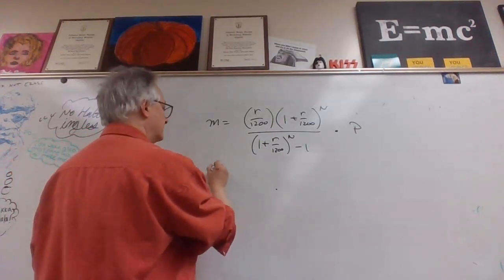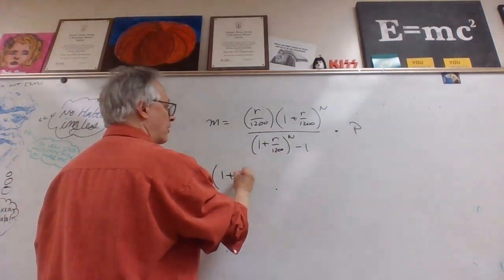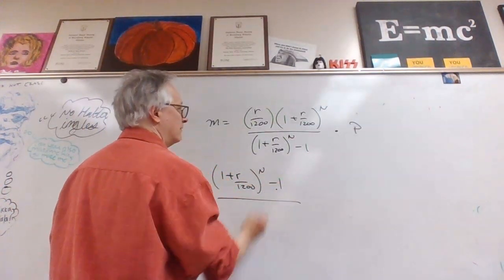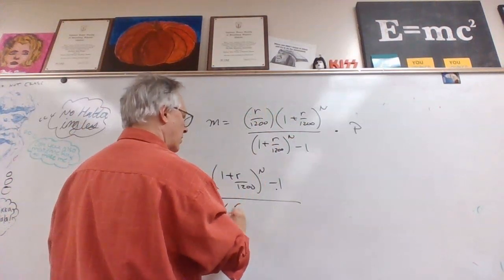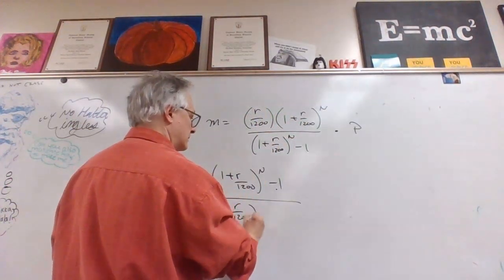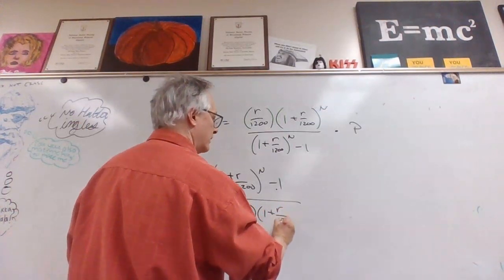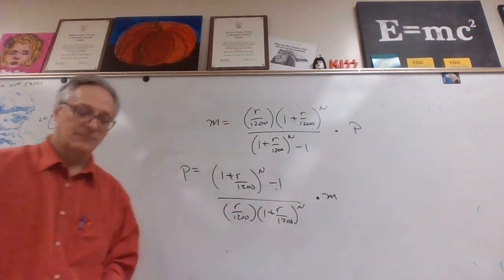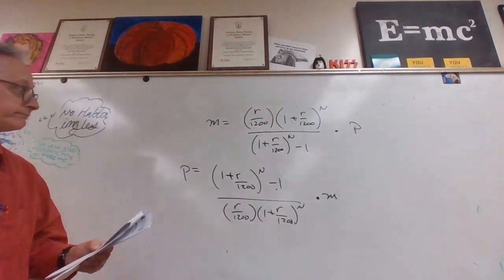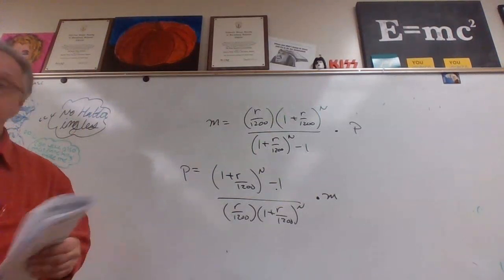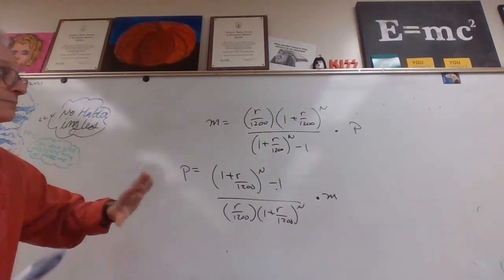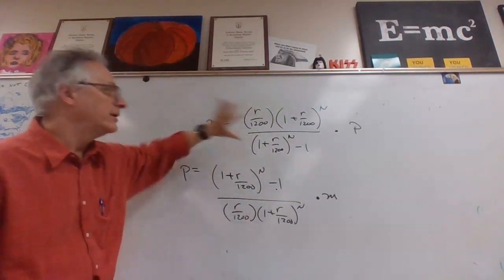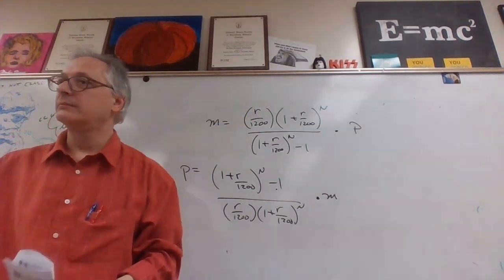So p is going to be 1 plus r over 1200 to the n minus 1 divided by this mess, r over 1200 times 1 plus r over 1200 to the n, times m. So simple. Looks really nasty. Looks like, oh, do I have to distribute? What do I have to do here? Oh, flip, multiply, boom, done.